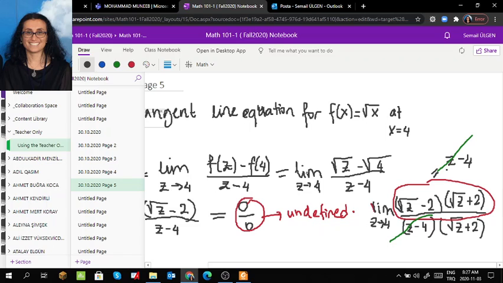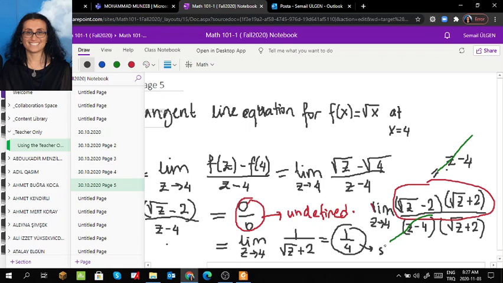And what is left, okay, we got 1 over square root of z plus 2.